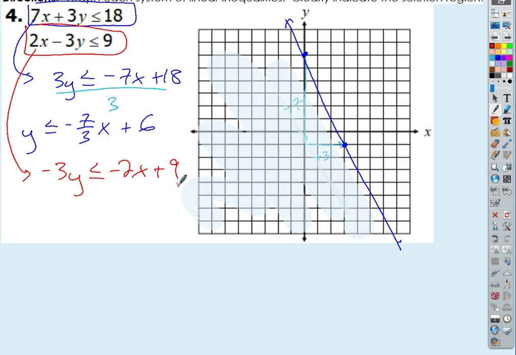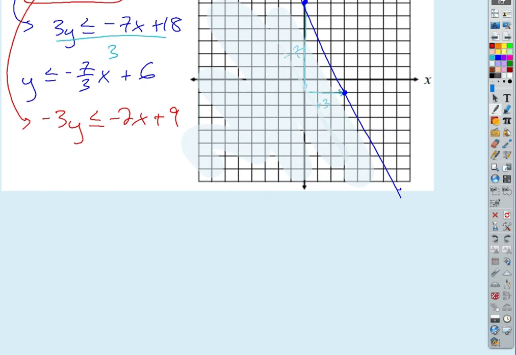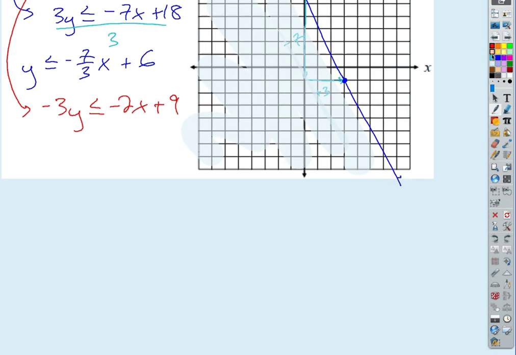Divide by negative 3, okay, which means what? Ah, good. Okay, so I got a flip. Because I'm dividing by a negative, I've got to flip the inequality, so I'm going to get y is greater than or equal to negative 2/3 x.